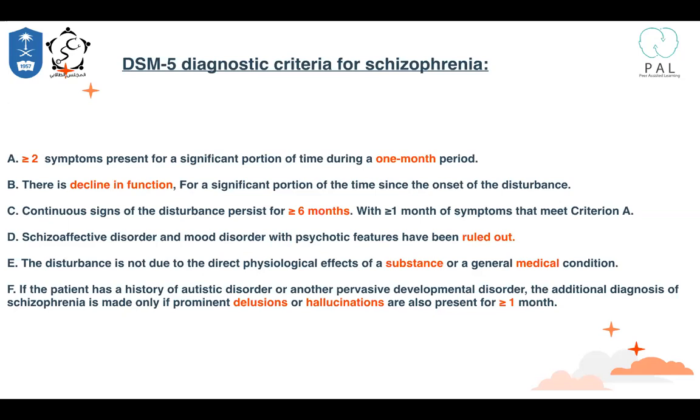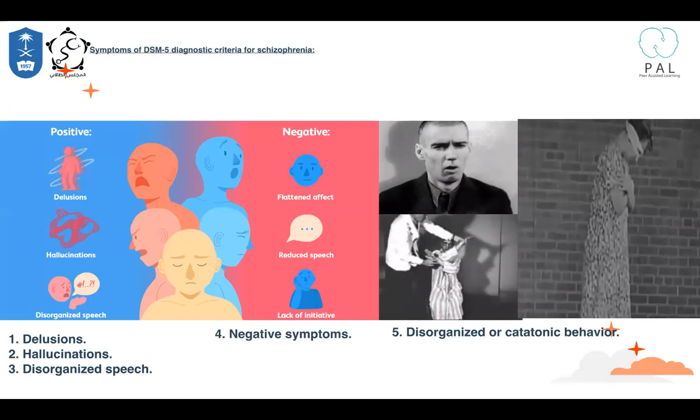Substance and medical condition are ruled out. وفي condition مع البيشنت اللي عندهم autistic، in case patient have autistic disorder لازم يكون عندنا either delusion or hallucination for at least 1 month. فلو ما كان فيه لا delusion or hallucination مع البيشنت في autistic disorder we cannot diagnose.